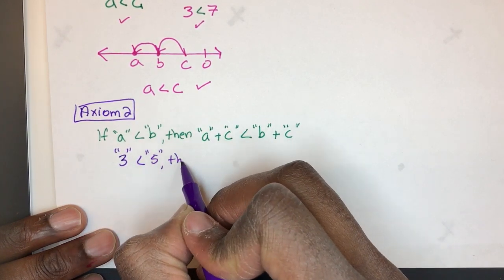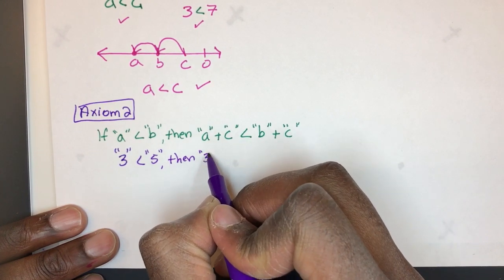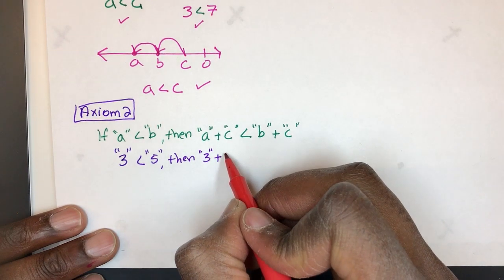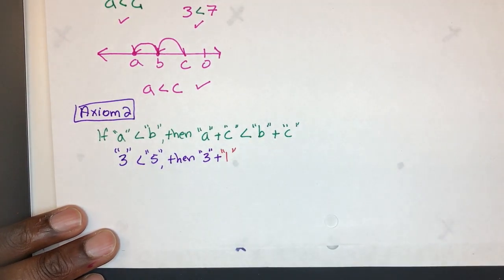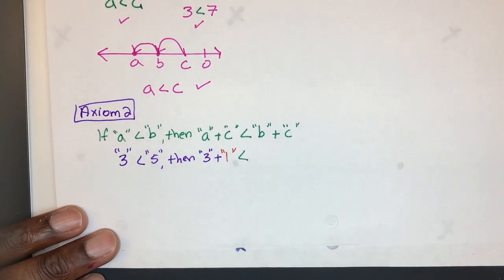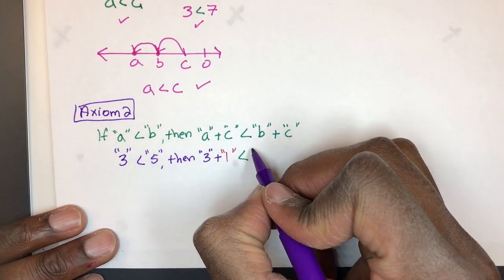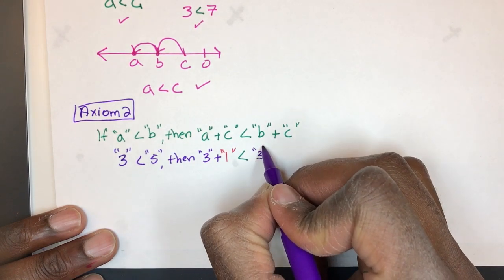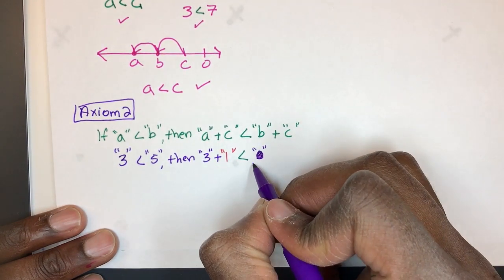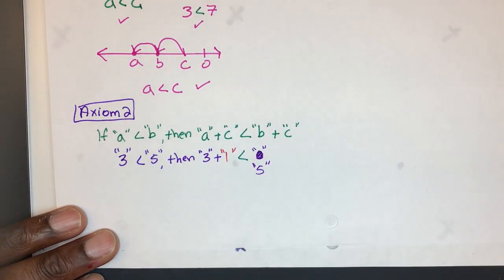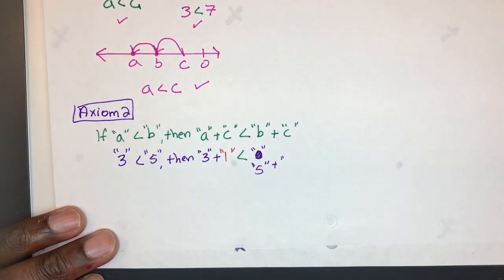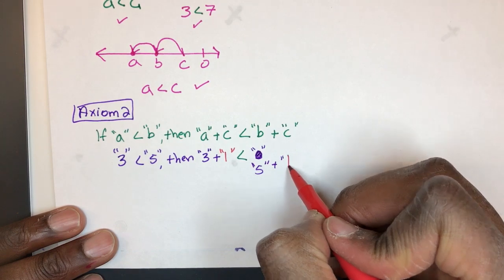Well, it has to be true that 3 plus, let's go with, I don't know, 1, make it easy, is still less than 5 plus that same 1.